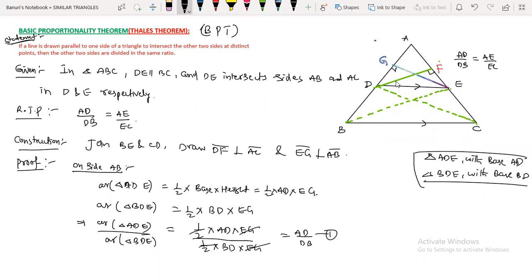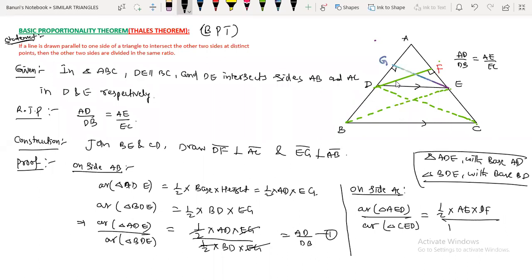So similarly, on side AC, we can take the area of triangle ADE by the area of triangle CED is equal to half into base AE, height DF, divided by half into base CE into height DF, same.